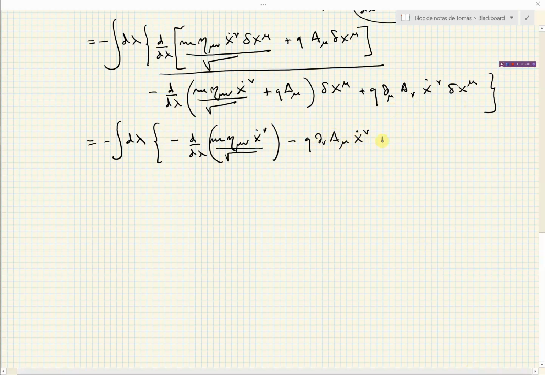And then I have also this term plus q partial mu a nu x dot nu, and everything now is proportional to delta x mu.